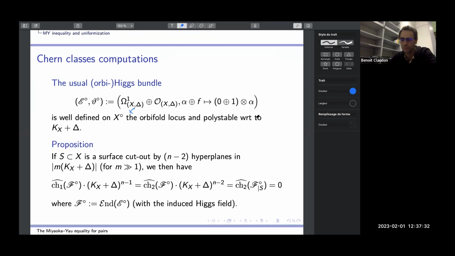So really this is the same as in the smooth case, and it was proven by Guenancia and Taji that this orbifold Higgs bundle is still polystable with respect to this. Let me remind you that now K_X plus delta is assumed to be ample.